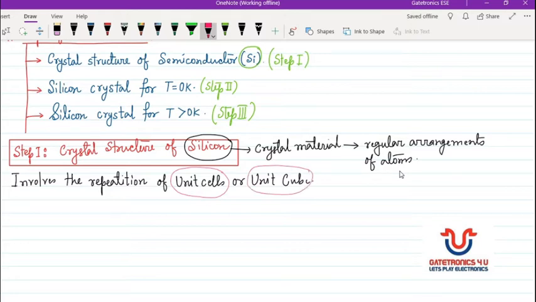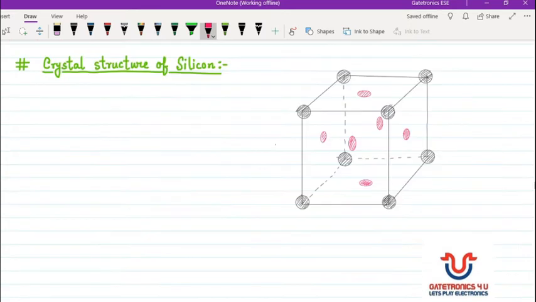So let us see how the unit cell of a silicon material looks. This is the unit cell structure of a silicon material, and this unit cell will be repeated periodically to get the whole structure. In the unit cell, actually, it is a simple cube.